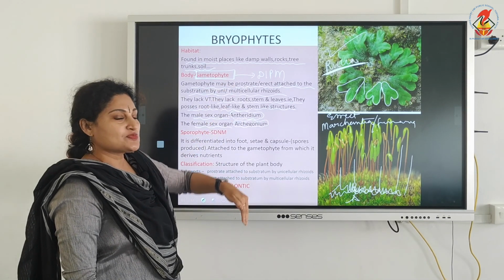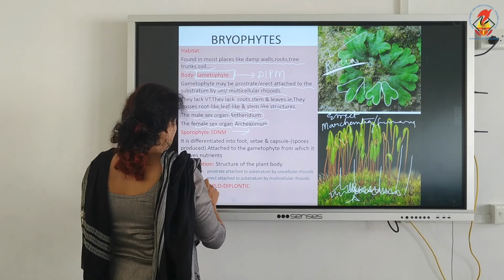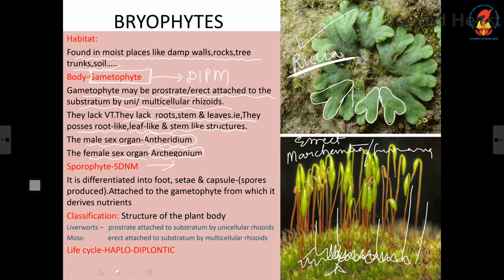Now we are going to speak about the sporophyte, which should be just the opposite. We have learnt now: short-lived, dependent, non-photosynthetic and unicellular.